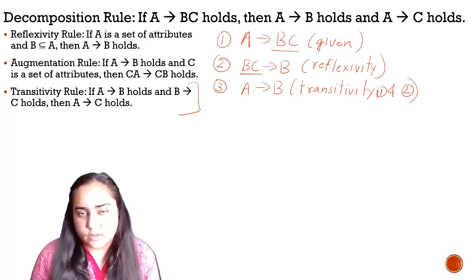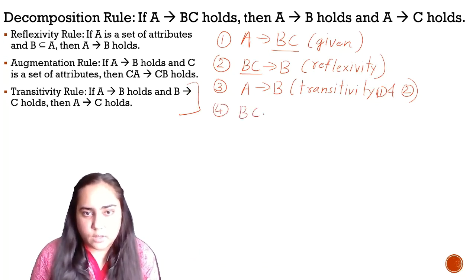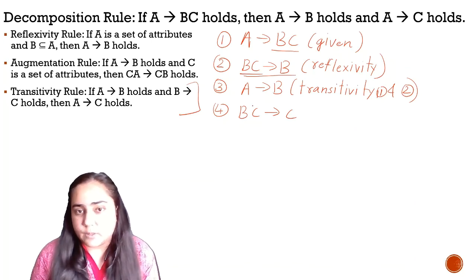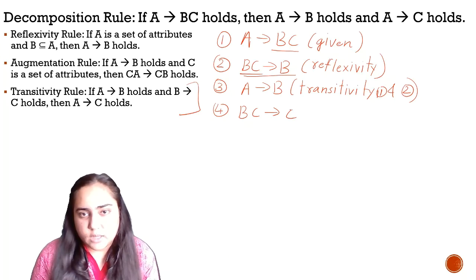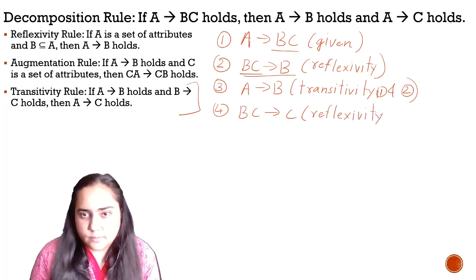And of course, you can do the same again, make your own dependency and write down BC determines C, just like you wrote BC determines B, because why not? If BC determines B, BC can also determine C. So this is once again the reflexivity rule in action.